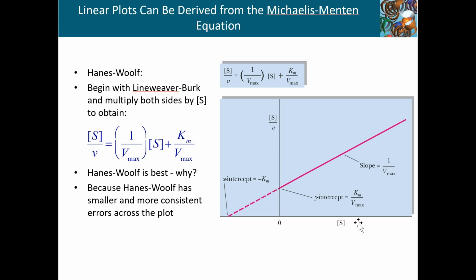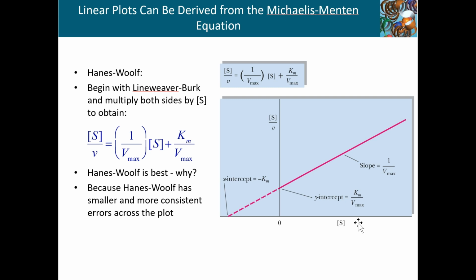Now, there's actually a slightly better way to do it. The Hanes-Woolf plot is a slight improvement over Lineweaver-Burk because it has a more consistent degree of reduced error across the system. It's still underutilized. Lineweaver-Burk overwhelmingly is used compared to Hanes-Woolf, but you should be aware that there are some other models which are slight improvements.